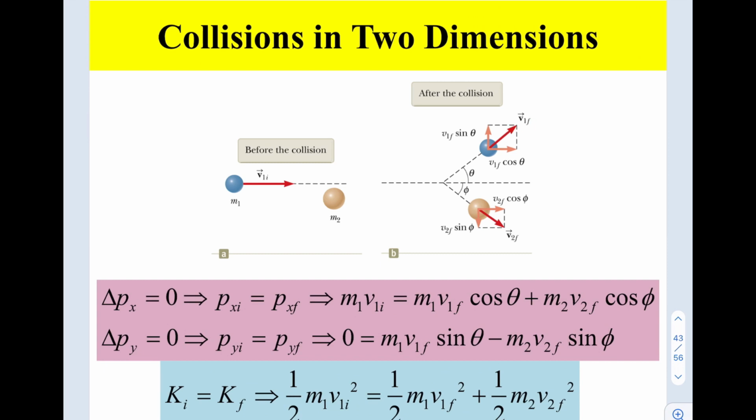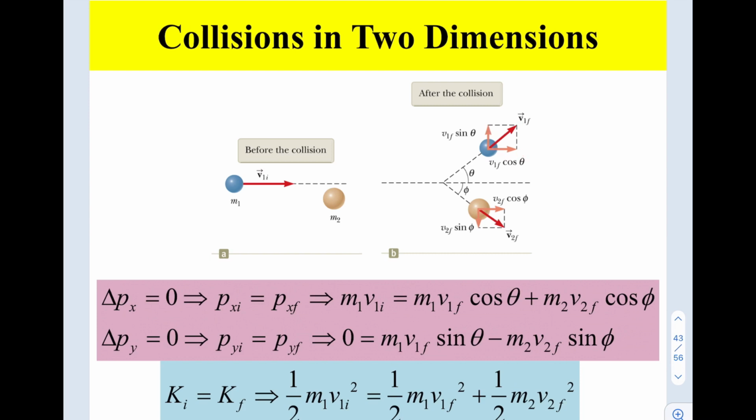If we refer to this, each V has an angle from the horizontal. So V1 final has an X component and also a Y component based on this data. It goes the same for V2 of M2: V2 final in terms of X, V2 final in terms of Y. When we talk about collisions, whether two dimensions or one dimension, conservation of momentum always takes place.